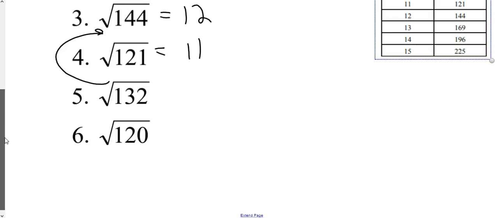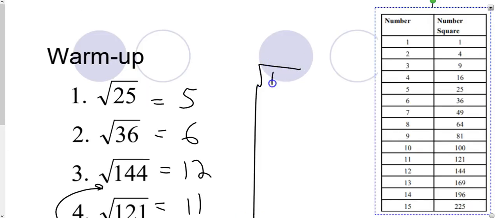And I like to go underneath. Sorry, my board's a little jacked up at times. And I always want to write my perfect square first. So we said it was 4 times 33. We're just rewriting it. We're changing how it looks. Now, what is the square root of 4? That's 2. And then this is just going to stay.